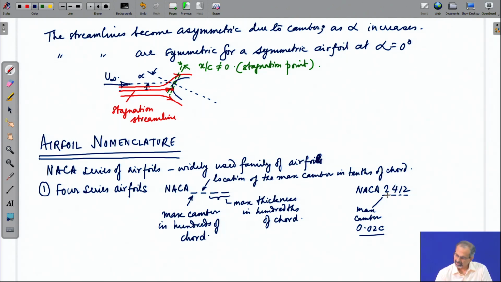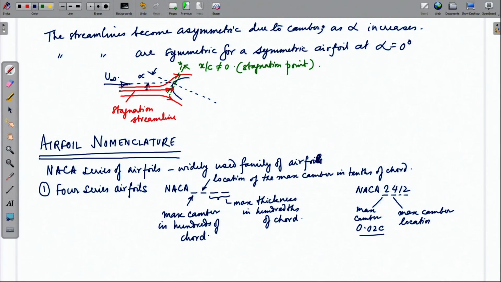That means the max camber location, where the max camber occurs, is 0.4 C, and that is from the leading edge.